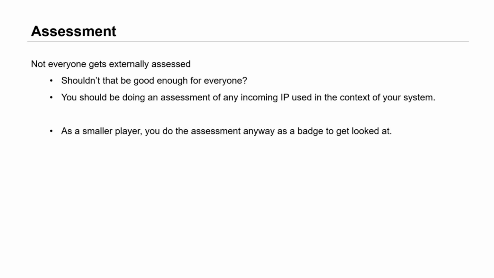So does the IP you're bringing in really have to be assessed in quite the same way? And as a smaller player, basically you're doing the assessment anyway as a badge so that you can go up in front of whoever you're trying to sell to and say, yes, we've done it. Here's our stamp. Whether it means anything or not, that's another question.